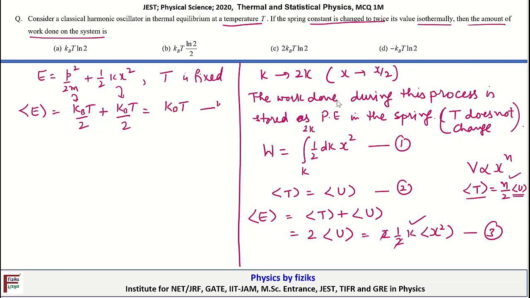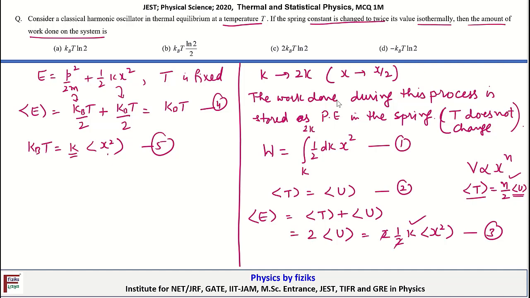Let's call this equation 4. Combining equation 3 and equation 4, we can equate kBT to k times the average of x square, because we were interested in obtaining x square in terms of the Boltzmann constant and the spring constant.